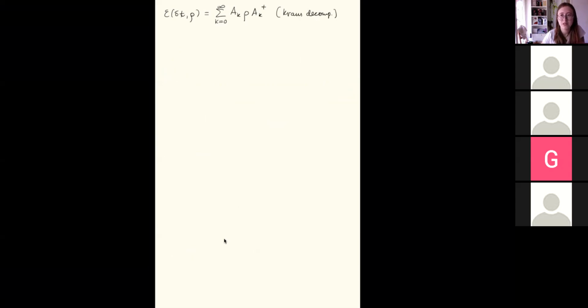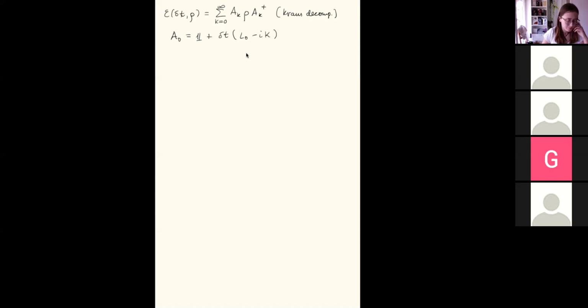Now let us rewrite the Krauss operators in the following way. The zeroth operator, or whatever we label as the zeroth operator, we rewrite as identity plus delta t times (L0 minus iK), where L0 and K are some bounded operators that we choose.